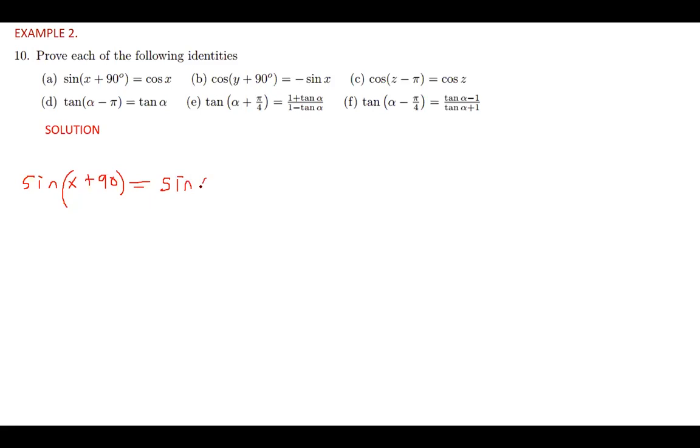So it's going to be sine x, and then I'm going to have cos 90. And then if there is a plus here for sine, same sign, so I'm going to put a plus there. And then I'll write my sine this side. I'll switch the angles now. I'll put sine 90 there, and then I'll put cos x there.